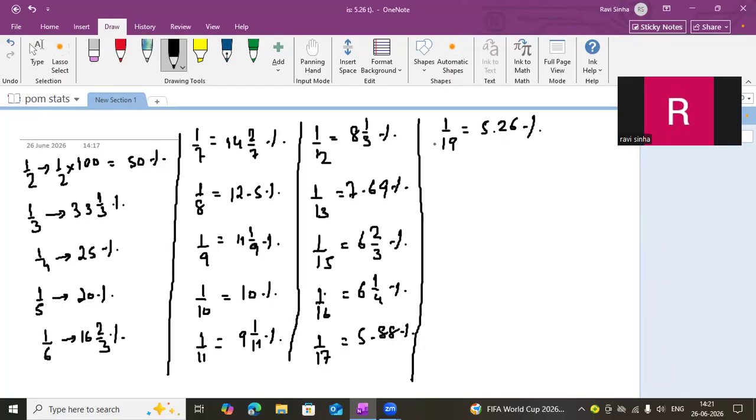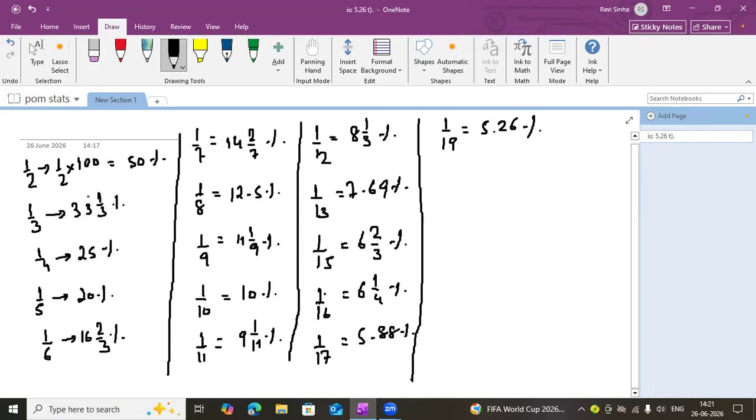We'll see how calculations become very easy by memorizing these percentage values.